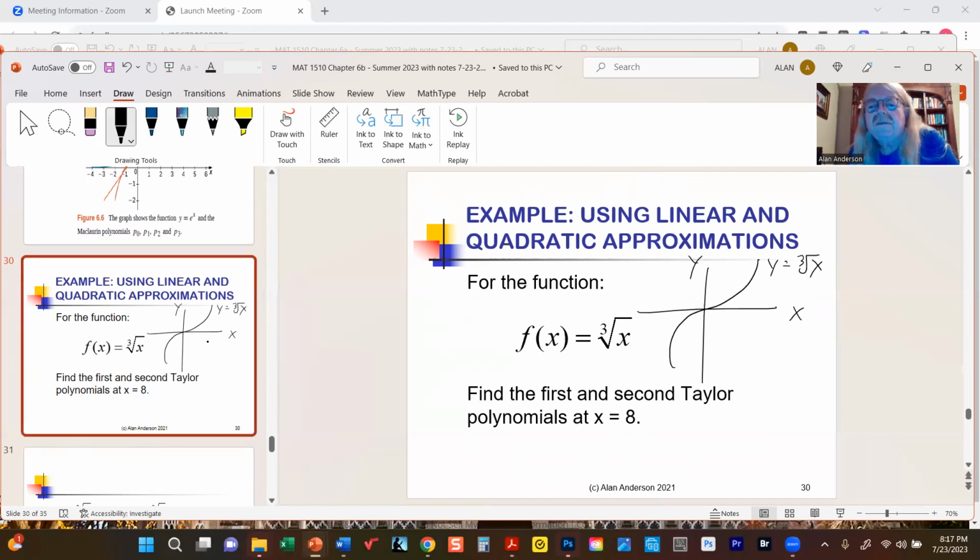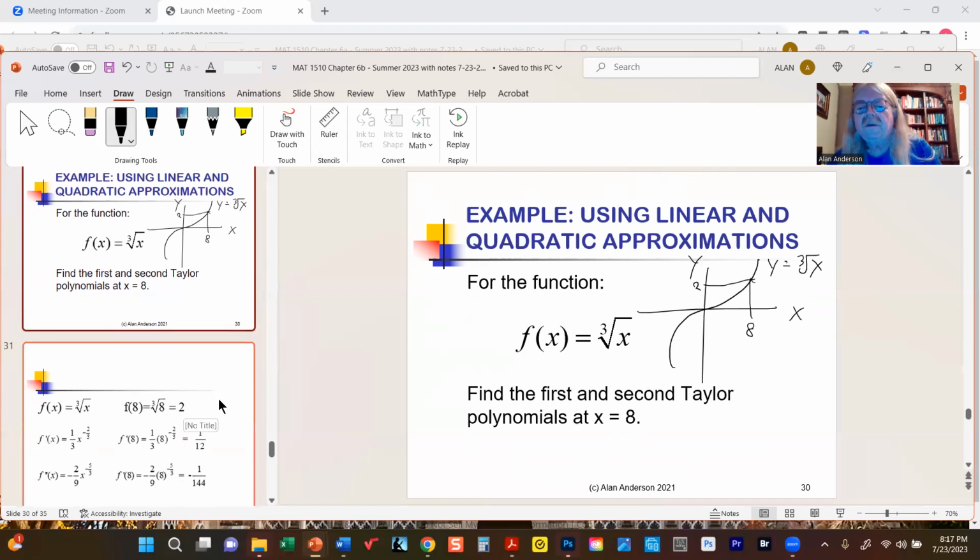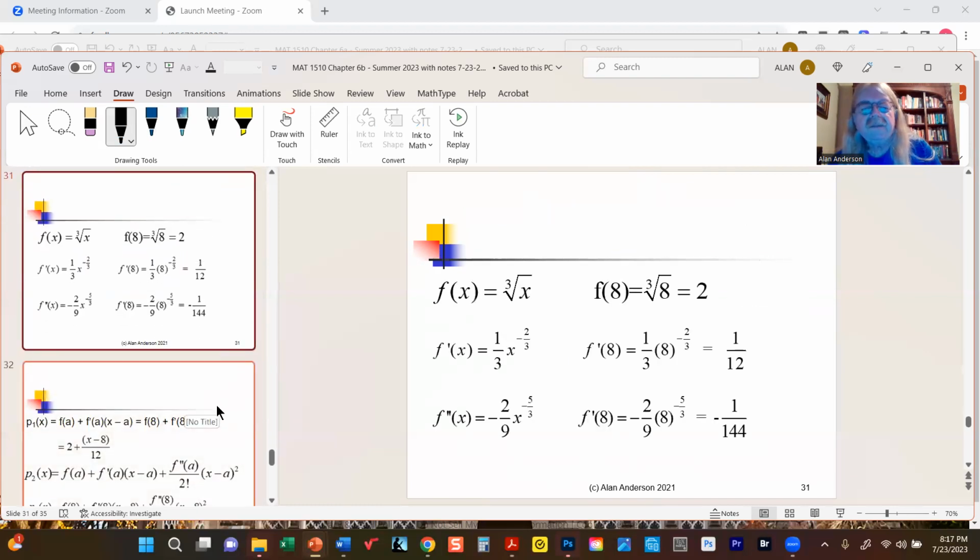So we're going to create some Taylor polynomials at x equals 8, which would be here, let's say. And so this is really no different than what we did earlier. It's just that we're going to stop at P2. We just want P0, P1, and P2.